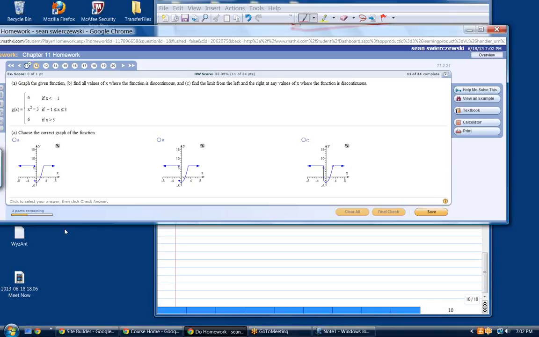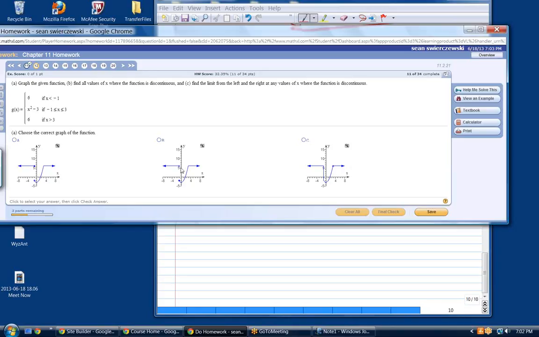No. Why not? The x is less than -1. That would have had to be a less than or equal to match the closed dot. In other words, the moment you see a closed dot, it doesn't match. It would have to have been x is less than or equal to, so we can rule that out just from the top line.